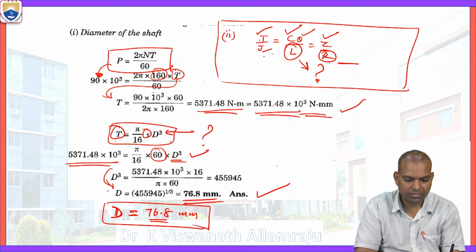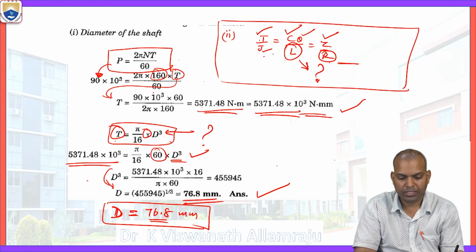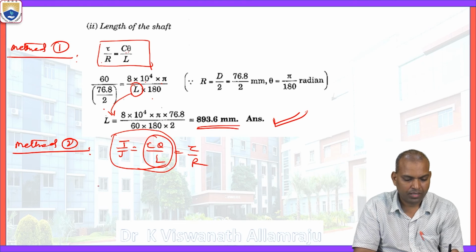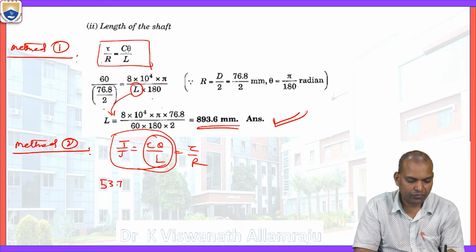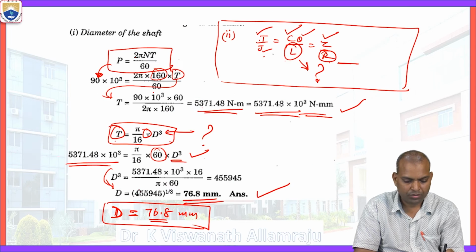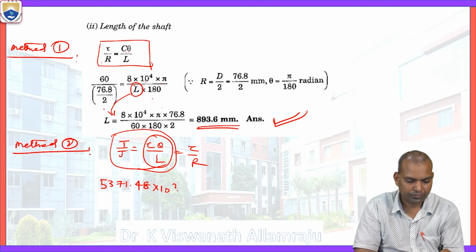What is the torque here? The torque value is calculated as 5371.48 into 10 cube by J, that is solid circular, pi d power 4 by 32.